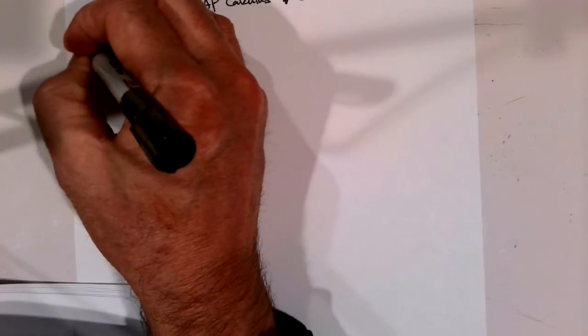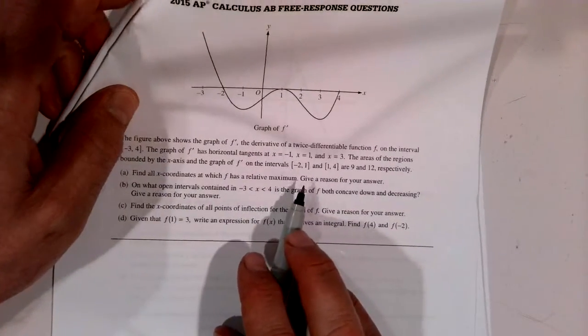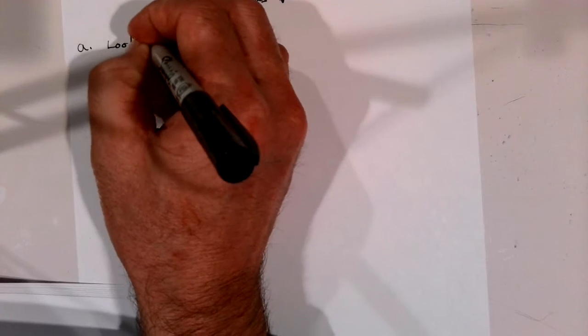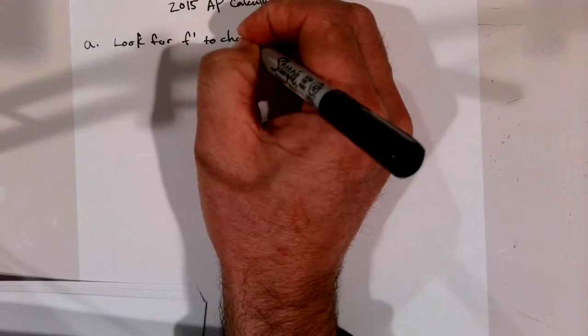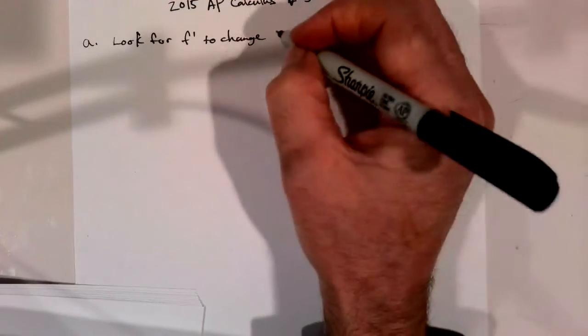So let's start with question A. Question A says find all x coordinates where you have a relative maximum of f. Now this is f prime, we're considering f. So look for f prime to change. Remember, if you have a relative maximum, that goes from increasing to decreasing.